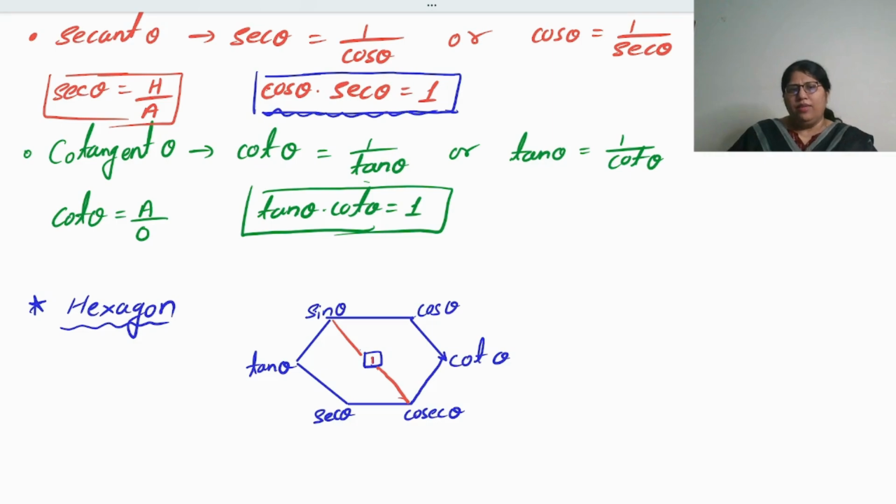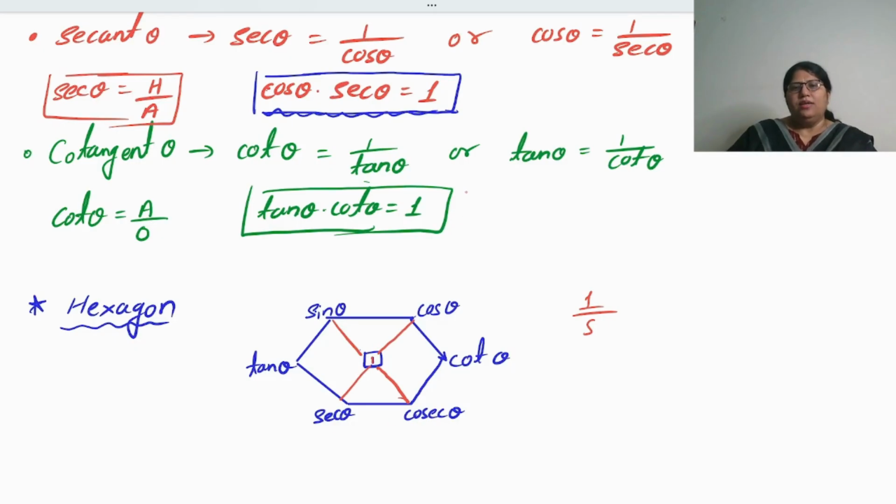Now look here, if you use this hexagon, for 1 by sine, this is the opposite side. 1 by sine is cosec, and 1 by cosec is sine, right? What is the opposite on the other side here? Cos and sec.